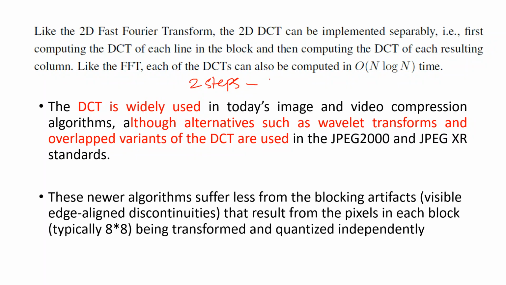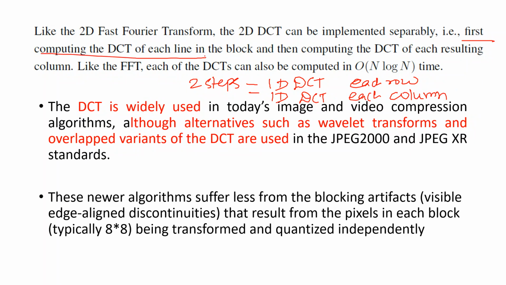One is a one-dimensional DCT computed along each row, and the second step is the one-dimensional DCT applied along each column. First, computing the DCT of each row, and then computing the DCT of each resulting column.